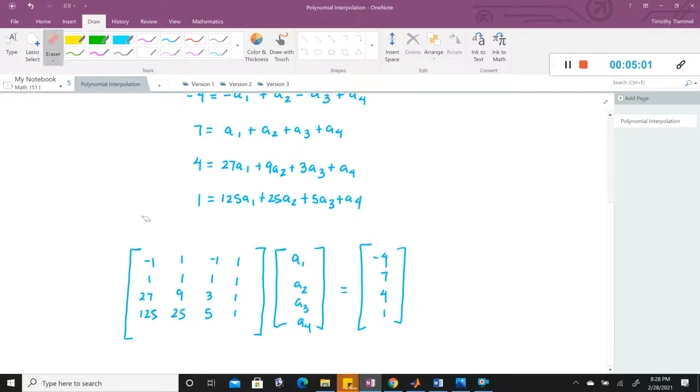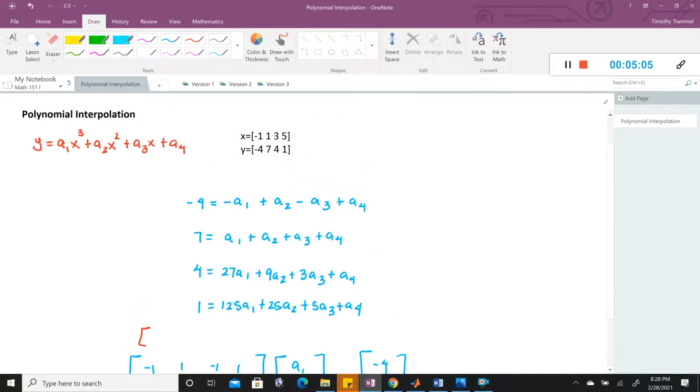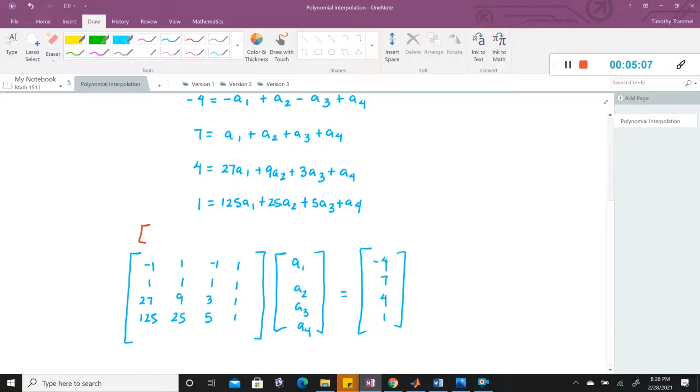But we could have formed this matrix just by making x into a column vector. And then we could have just said x cubed, x squared, x, ones, and again, x has 4 elements in it, so I could just do 4 by 1. And that would form this matrix A.